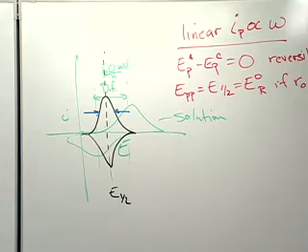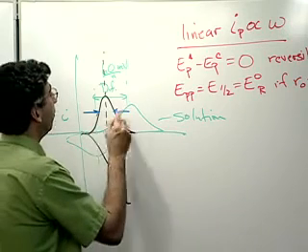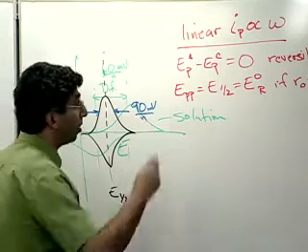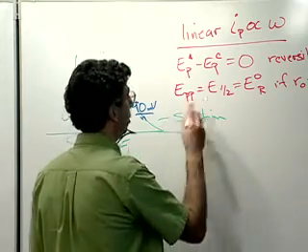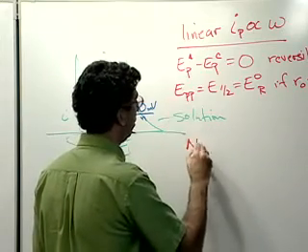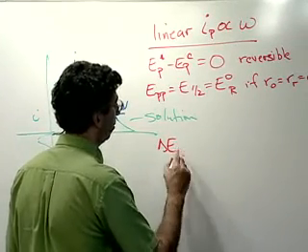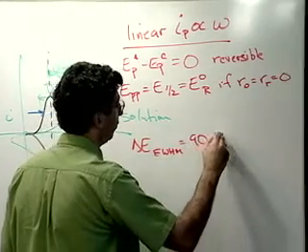It has a well-defined full width at half max. It's given by the Anson equation. And it turns out that for the reversible system, that will be 90 millivolts divided by n, the number of electrons in the Nernstian equilibrium. So delta E full width at half max equals 90 millivolts divided by n.